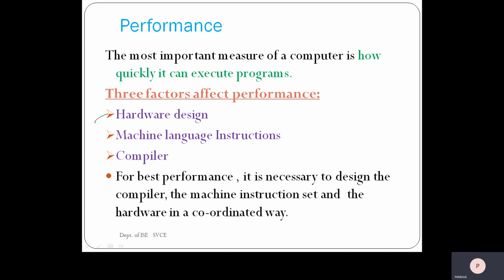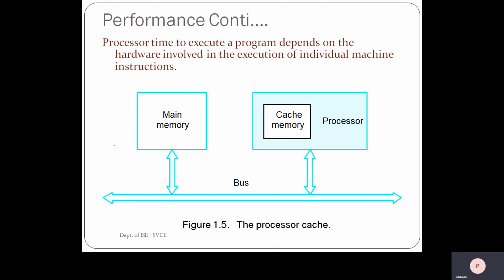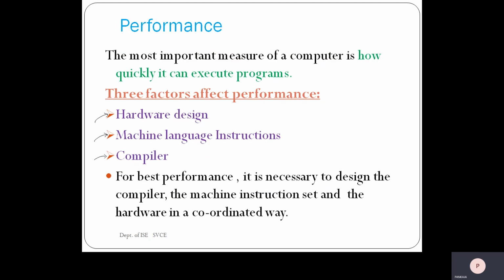It also depends on what hardware design is used and what type of machine language instruction set is used. So all these three factors should work in a coordinated way so that we get better performance. We'll continue and discuss how these factors affect the performance in detail one by one.